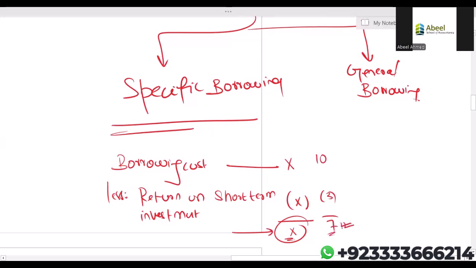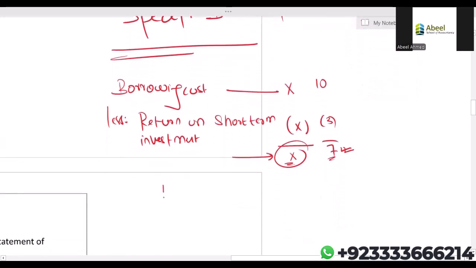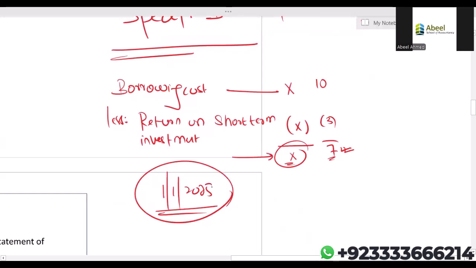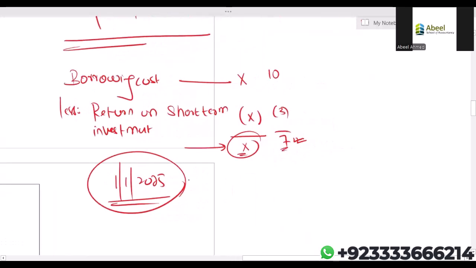But you need to know one more thing. What is that? Let's say your company has taken a loan on 1st January 2025. This is the date when we have taken a loan. But expenditure on a qualifying asset started from March 25.